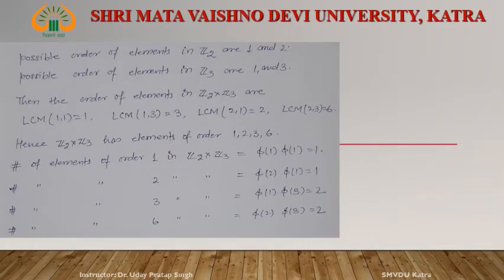Now see, what are the possible orders of elements in Z2? That is 1 and 2. What are the possible orders of elements in Z3? That is 1 and 3.